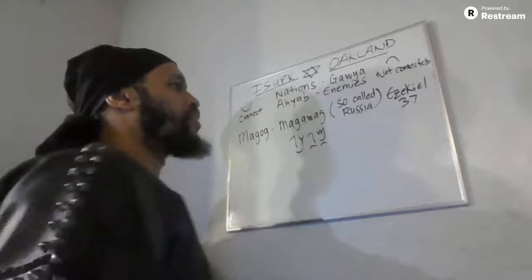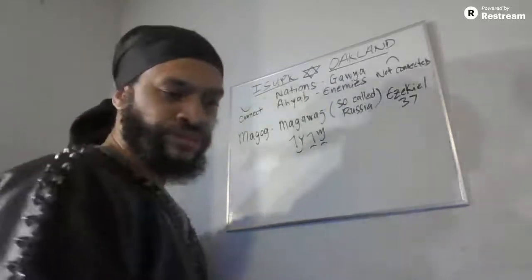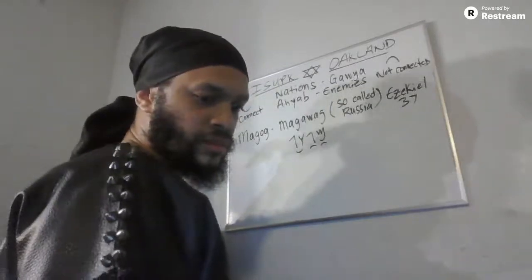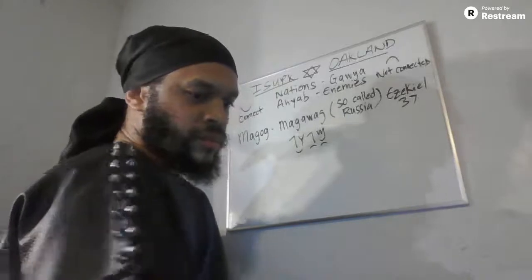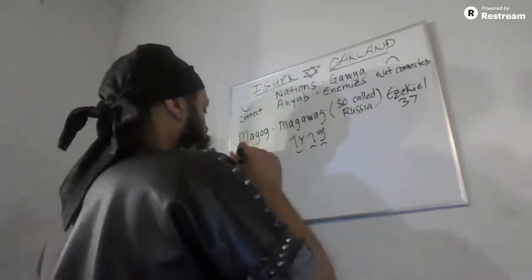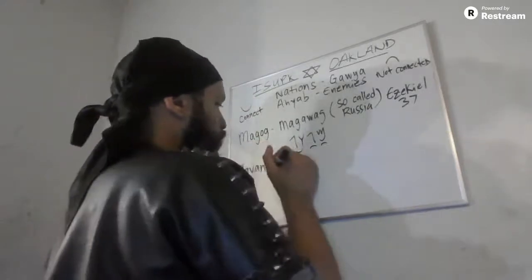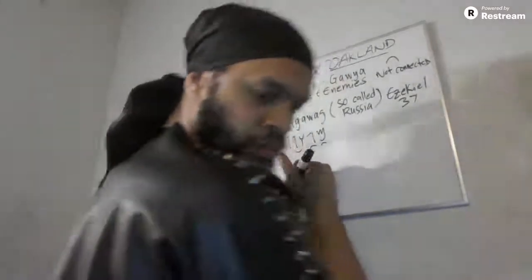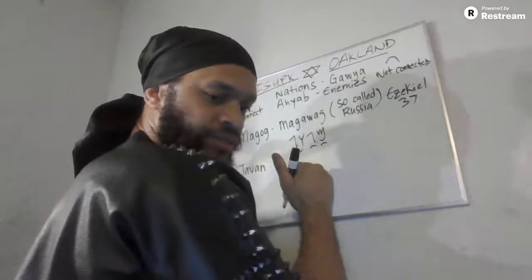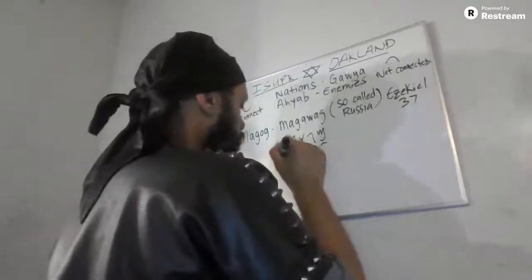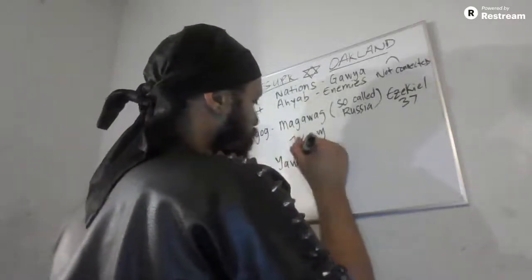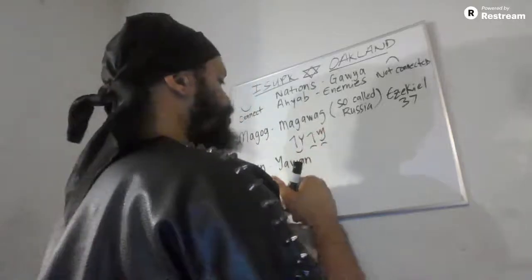Again, that's in Ezekiel chapter 37. And you got Javan, however you want to say it. That's the Greek Isles. All right.